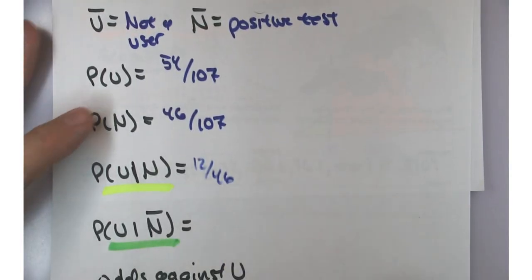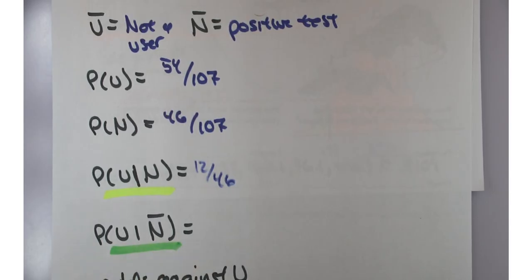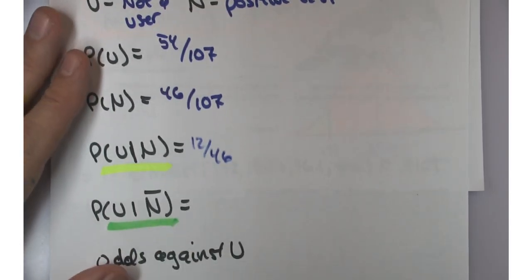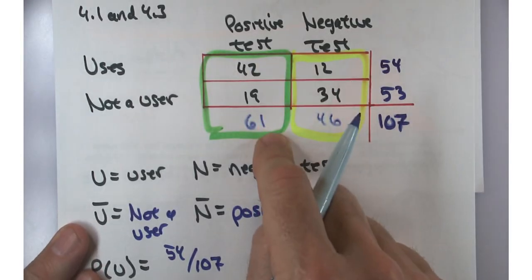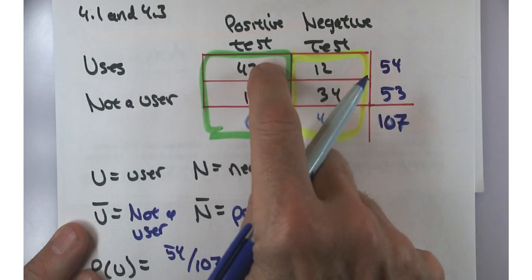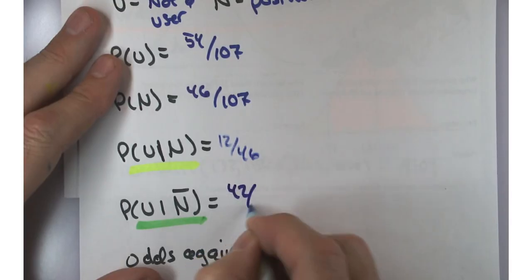What's the probability that you're a user, given that you tested positive? 42 divided by 61. Yeah, 42 users tested positive out of the 61 that tested positive altogether. So 42 over 61.